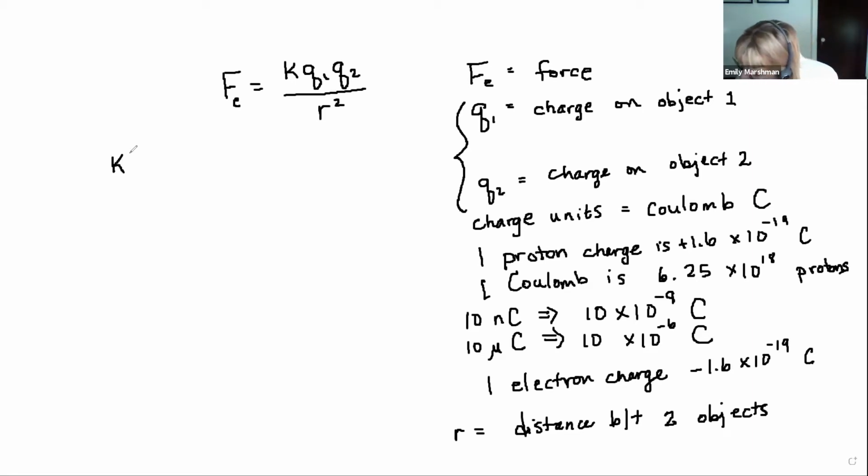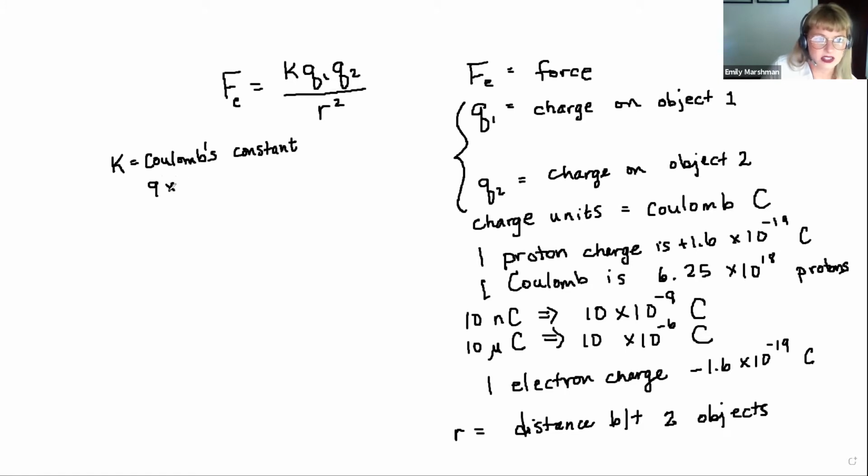Let me make sure I write it down properly. Oh, sorry, it's Coulomb's constant, and the value of it, and the units that we will use, is 9 times 10 to the 9th newton meters squared per coulomb squared.